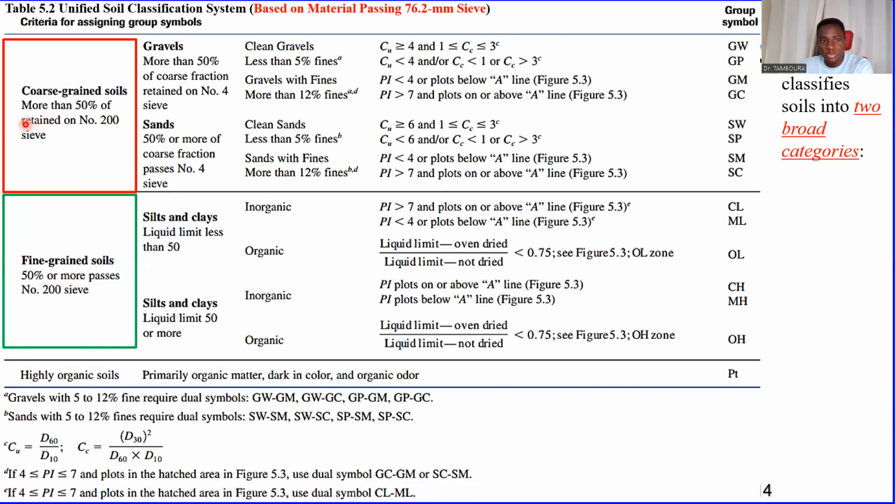This is retained. Do you understand? Retained. And here is passed. Don't be confused. Retained, you have the sieve number 200. If 50% or more than 50% is retained, meaning it didn't pass, then you are dealing with coarse.